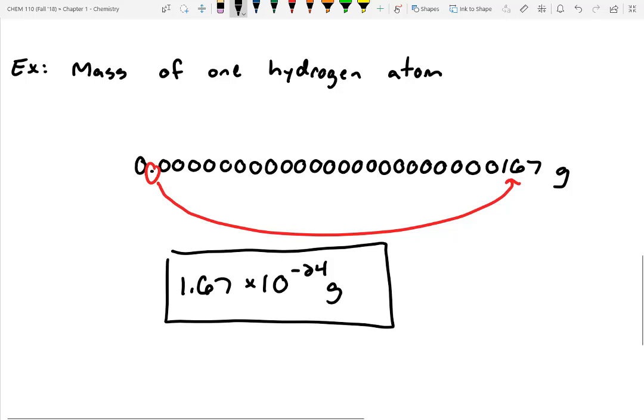If you type this into your calculator and hit equals, the calculator will probably say that's too many zeros and spit it out this way. Sometimes in your calculator, instead of showing the 10, it'll just say E. How many of you have seen that E symbol? E is just shorthand for 10 raised to some power. So anytime you see that in your calculator, just think of scientific notation.